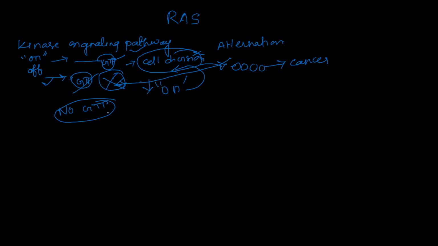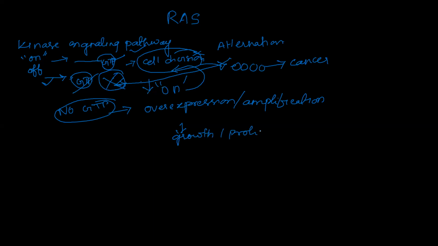When there is no GTP getting broken, there will be an overexpression and amplification. And what will happen? It is going to go for growth and proliferation, and it will ultimately change a normal cell to a cancerous cell.